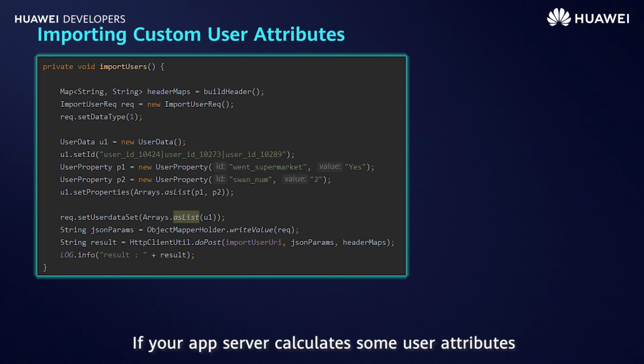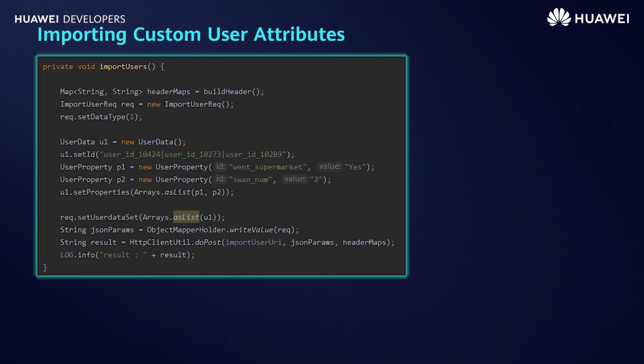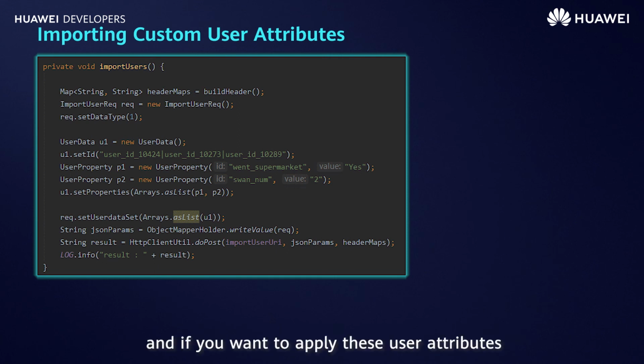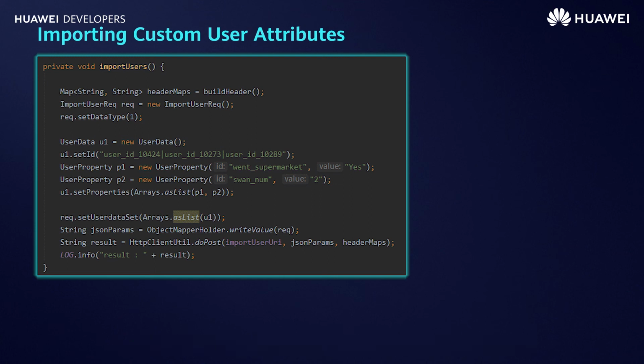If your app server calculates some user attributes instead of obtaining them from the app, and if you want to apply these user attributes to the analysis reports provided by Analytics Kit, you can call the user attribute import API to synchronize the user attributes from the app server to Analytics Kit. The code snippet provides a simple example of calling the user attribute import API to import user attributes.